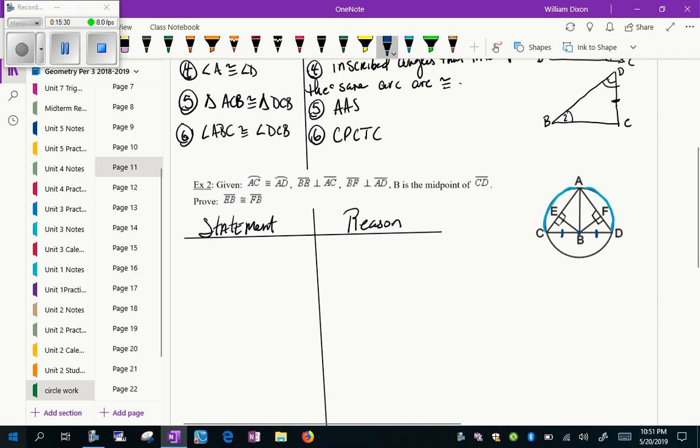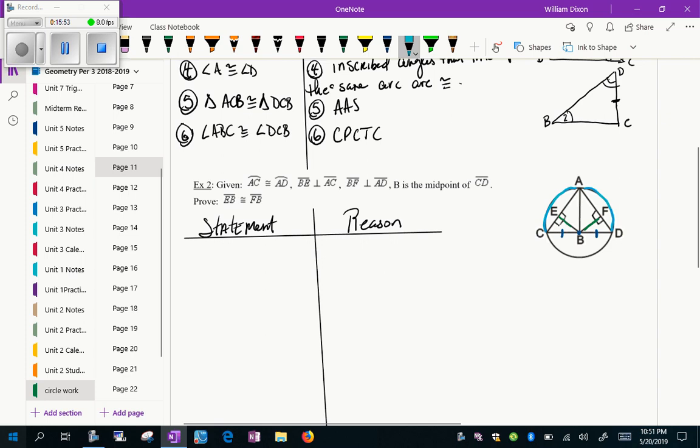Then it says prove that EB is congruent to FB. I'm going to give green what I need to prove. So really I'm looking at this triangle here because again, I'm going to attack with CPCTC.